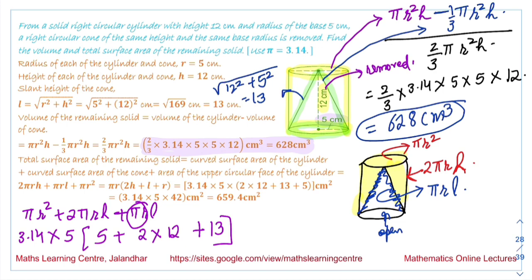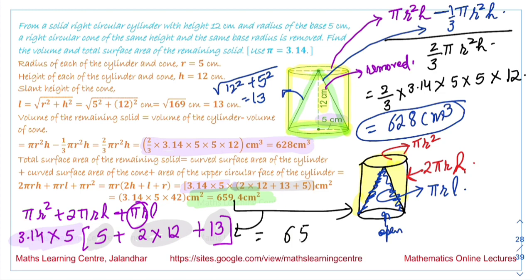So the final expression is 3.14 into 5, into 2 into 12 plus 5 plus 13. On calculating this, the final answer is 659.4 centimeter square. This is the total area of this solid.